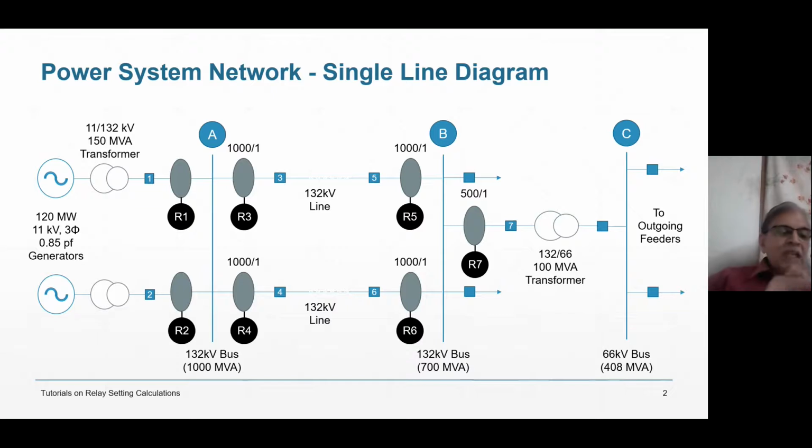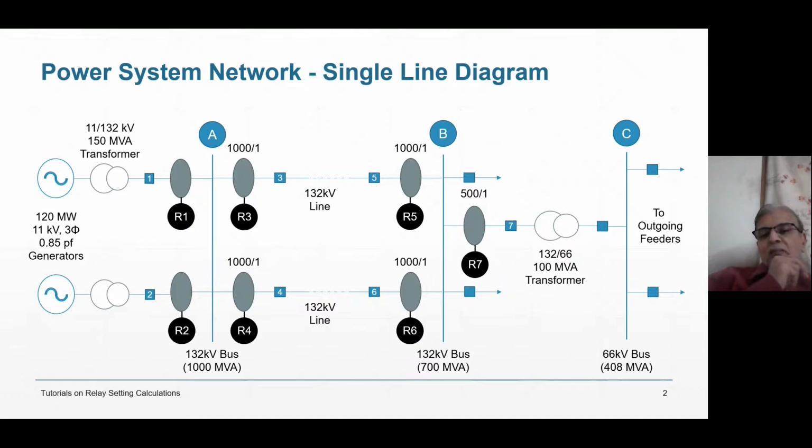So now 100B, this is into 100. That takes me to 444.5 divided by 100B upon 100 minus A. A, I am assuming 10% overreach for the instantaneous unit. So upon 90, because 100 minus 10 is 90.